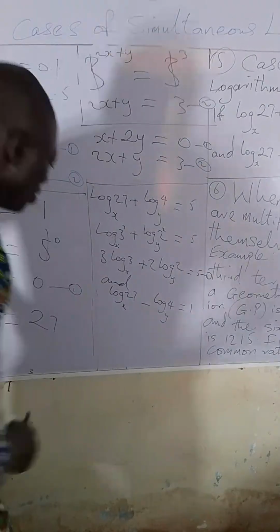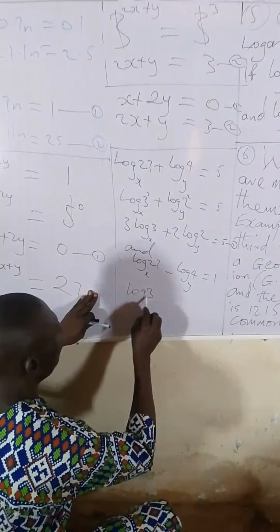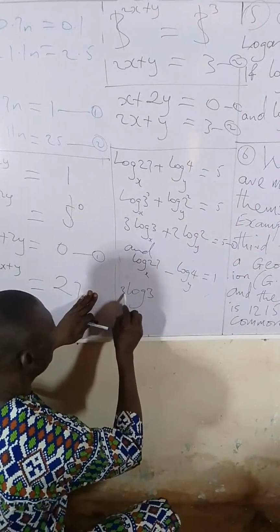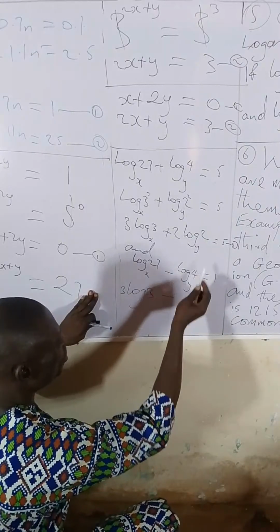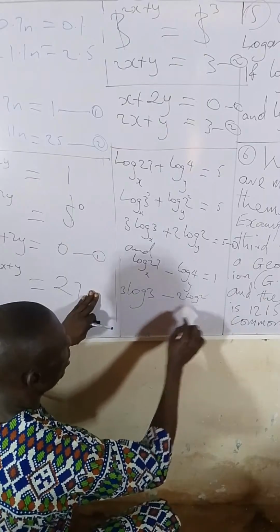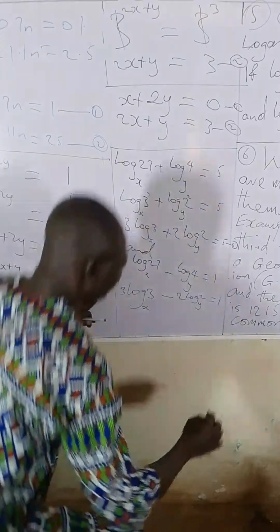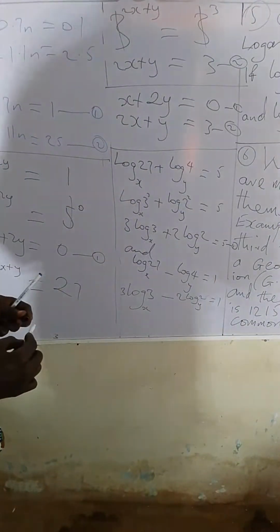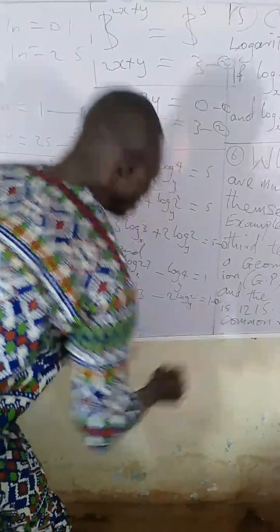And so that will give us log 3 raised to the power 3, which we can write as 3 log 3, minus log 2 raised to the power 2, which we can write as 2 log 2, in base x, in base y, will give us 1. Can you see that equation 2 is born? We now have equation number 2.